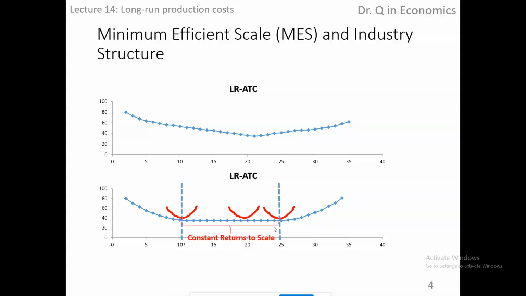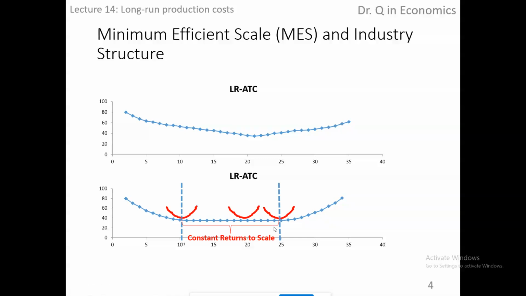An increase in input of 10% leads to the exact same increase in output, 10%. That's the meaning of constant returns to scale. In this type of industry, firms producing the same product or service in vastly different sizes coexist and are successful.